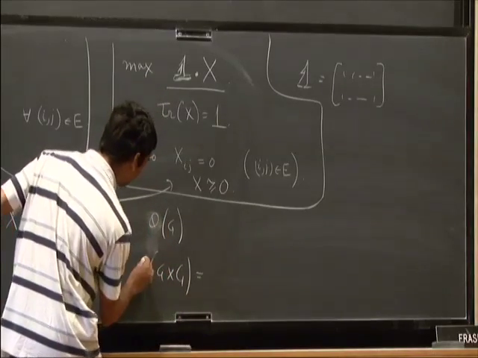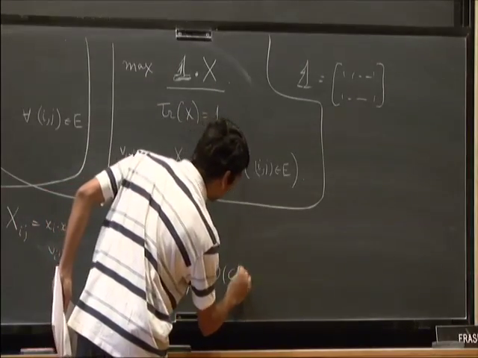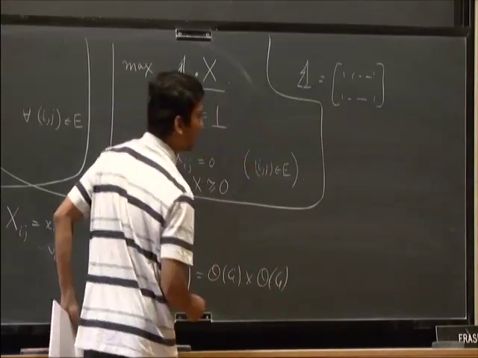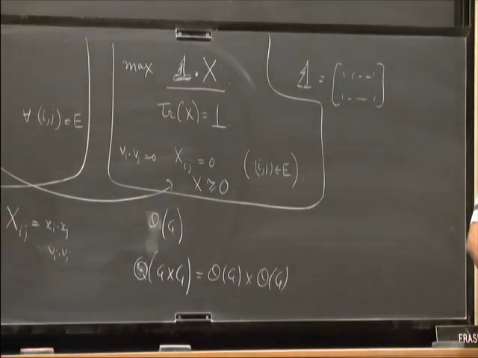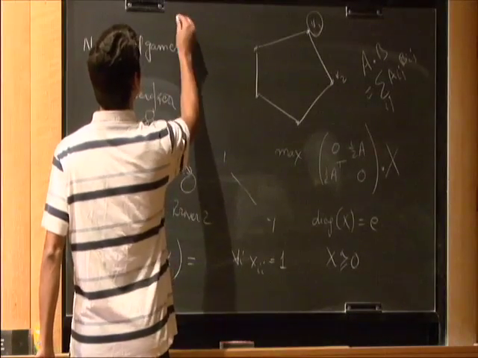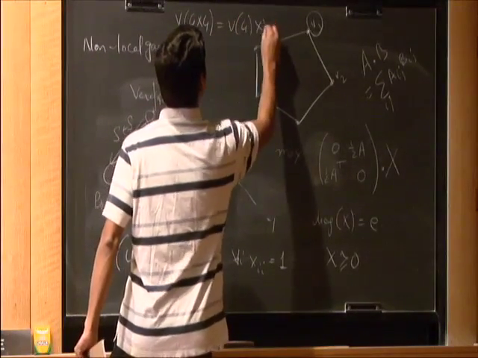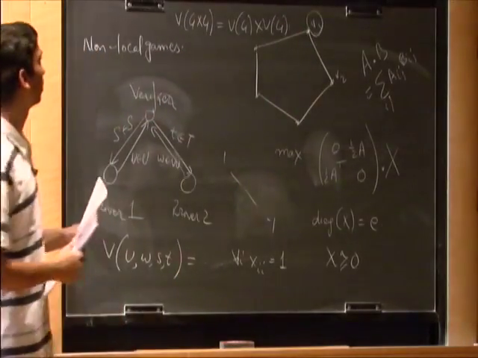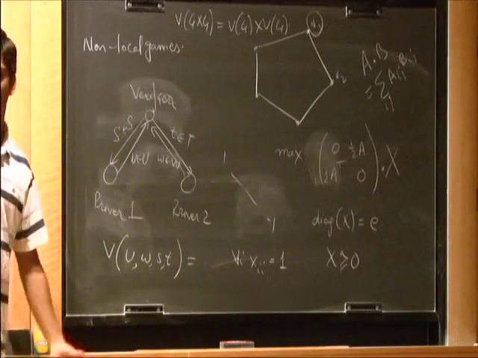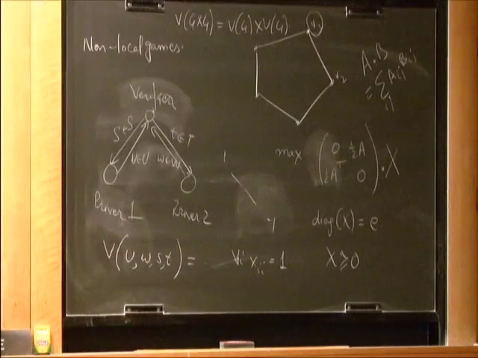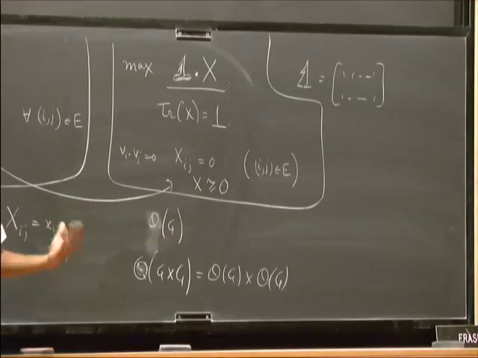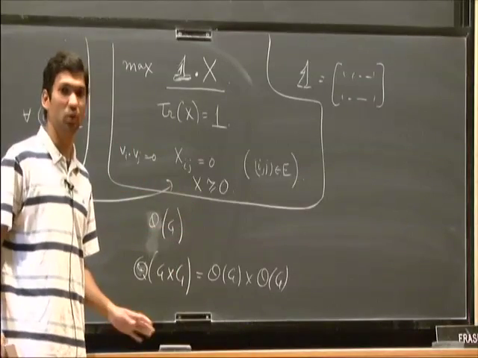So let's say theta of G times theta of G, and similarly here for parallel repetition of the games. If G is a game, then the value of the parallel repeated game is V(G) times V(G), so a perfect parallel repetition theorem holds for non-local games. In both of these, this multiplication property is useful. So the motive of today's talk is to consider a general semi-definite program, define what the product means, and see under what conditions this multiplicative property holds.